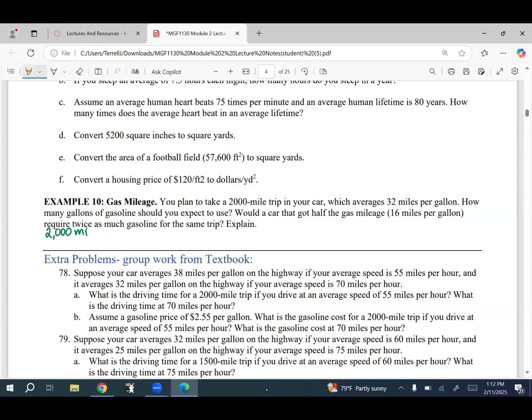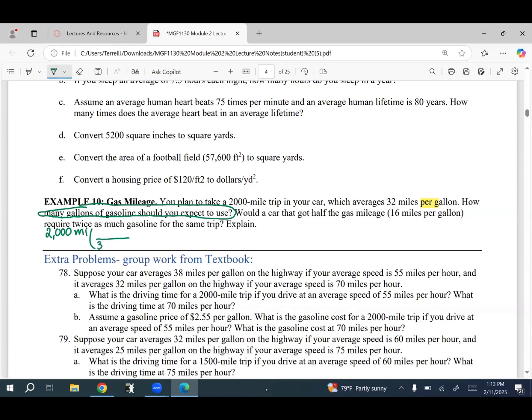Notice keyword again here, per. So I can write that as a fraction. We are looking for how many gallons of gas should you expect to use, right? If this is the rate, 32 miles per gallon, and I'm doing a 2,000-mile trip, I want my answer to be in gallons.